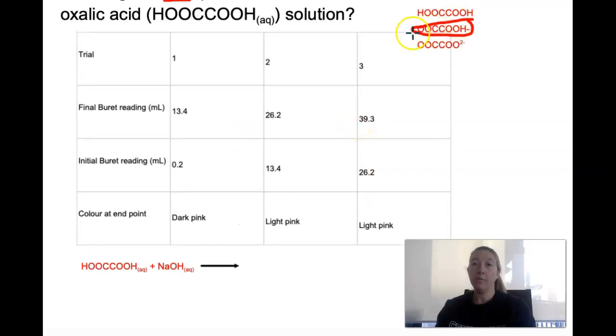So we already established we're going to the first equivalence point. So my product is going to involve the OOCCOOH minus. And it's going to do that because what we're going to do is take this H off. We're only taking one H off because it's the first equivalence point. Okay, this H, because we combined with sodium hydroxide, is going to get paired with this OH. So we are going to make water.